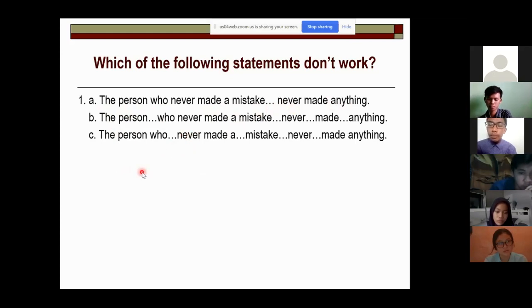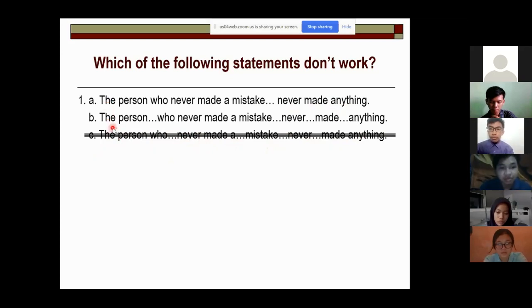Okay, so you are comfortable saying it, right? Yes, ma'am. Right? Okay. We can see about this one: the person who never made a mistake, never made anything, it's incorrect, right?